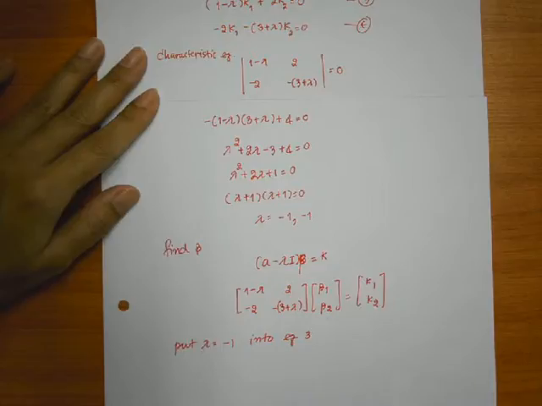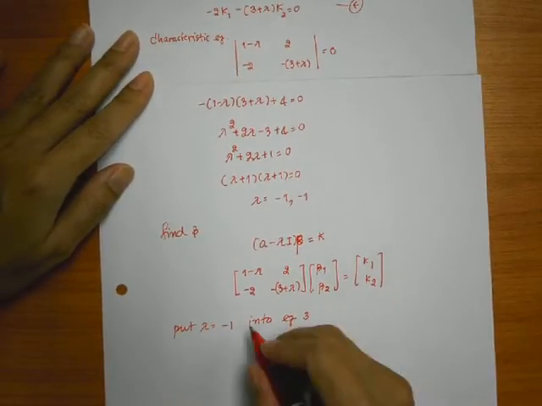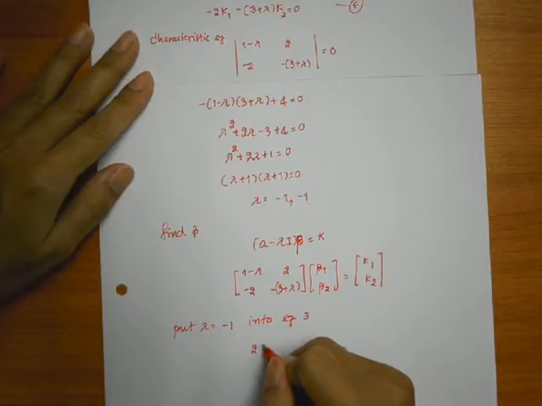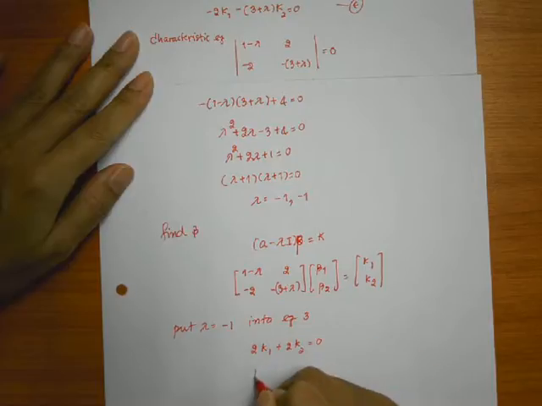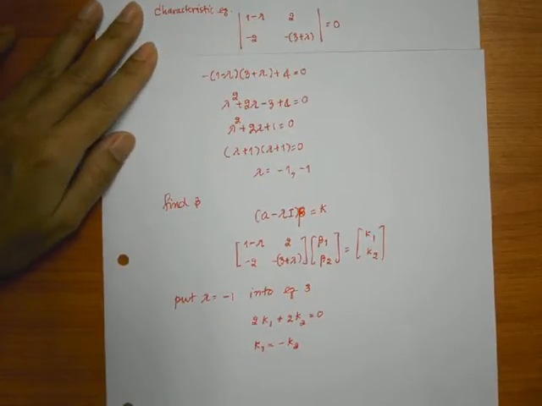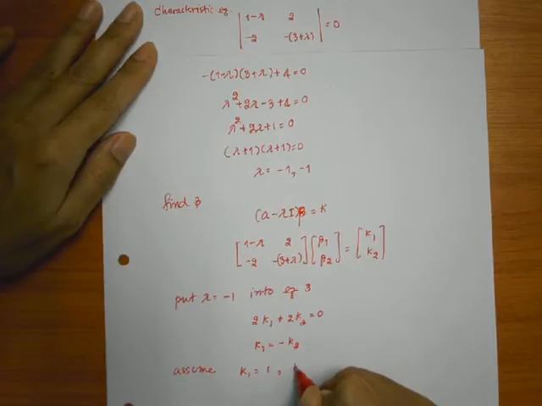From that we get the relation between K1 and K2. So we have 2K1 plus 2K2 equal to 0, so K1 equal to minus K2. So we assume K1 equal to 1, so K2 equal to minus 1.